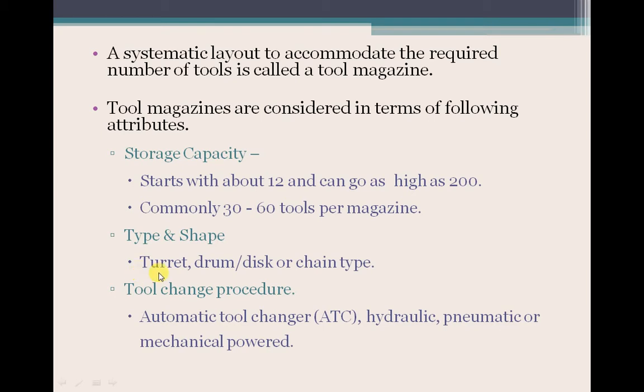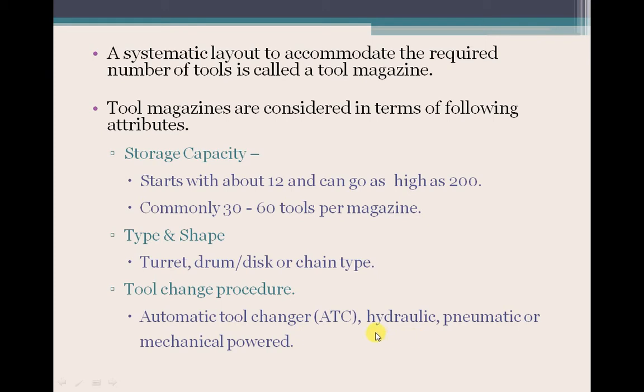The magazine can be turret type, it can be a drum or disc type of magazine, or it can be a chain type of magazine also. And one of the factors that also affects the selection of a tool magazine is the tool changing procedure. That means, do you have an automatic tool changer?